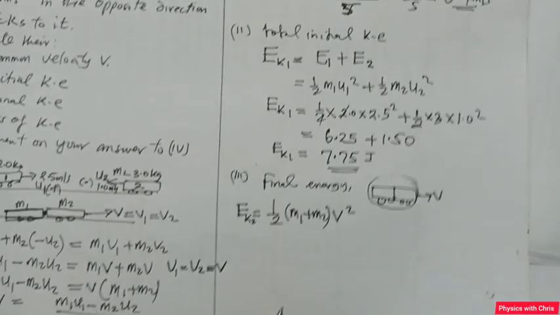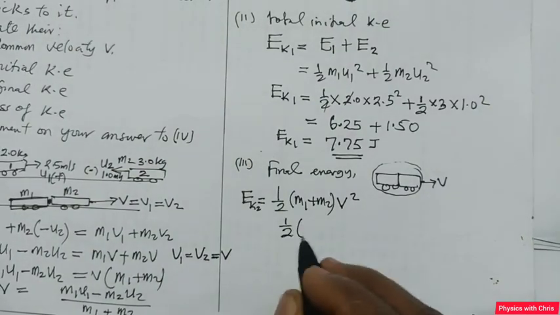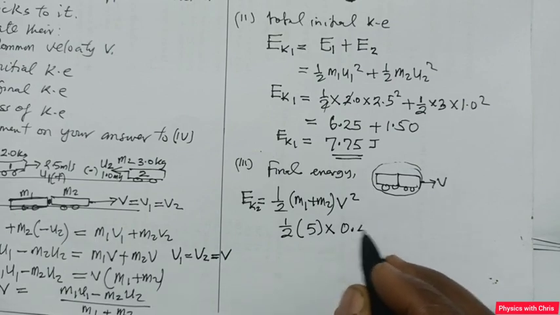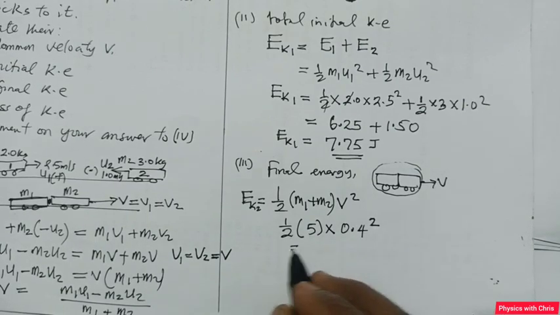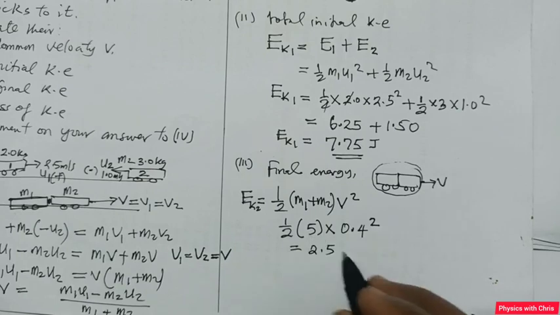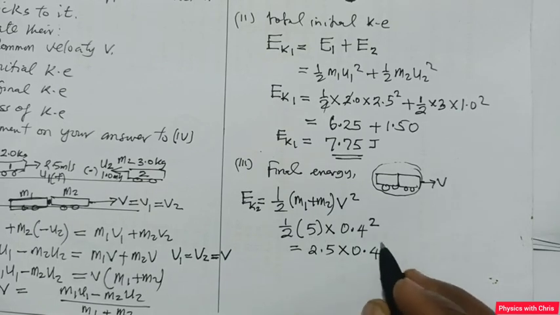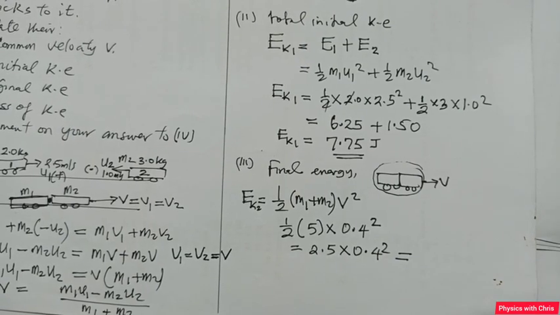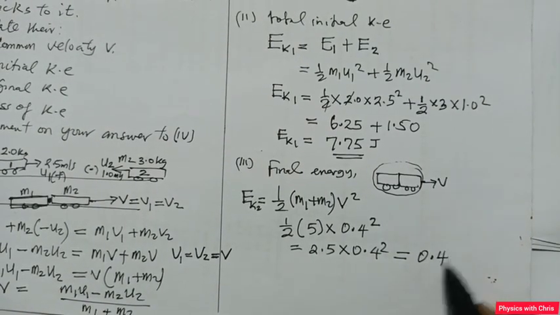Not to forget to square that. Now this gives me half times the total mass, which is 5, times their common speed, we calculated that as 0.4, squared. So that will give me 2.5, that is half of 5, times 0.4 squared. If you have your machine here, that gives me 0.4 joule.